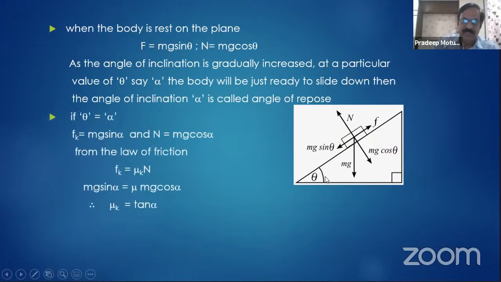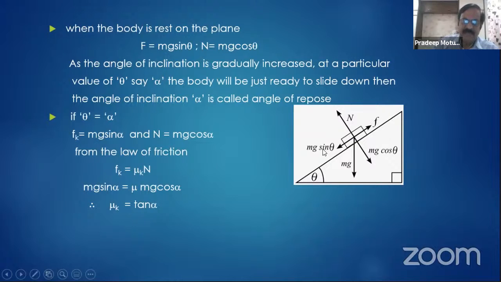Now, if theta is equal to alpha, what happens? The block will slide down or is ready to slide down. Then you can take theta as alpha. Whenever the body is moving on an inclined plane, that friction is called kinetic friction, Fk.